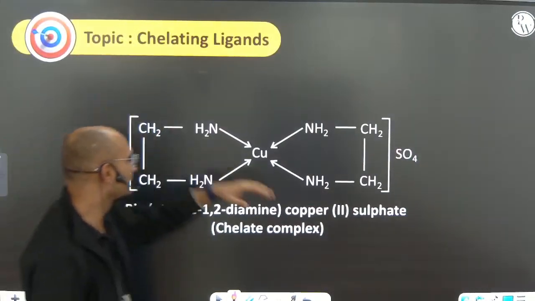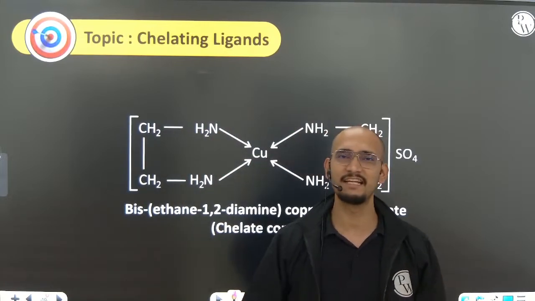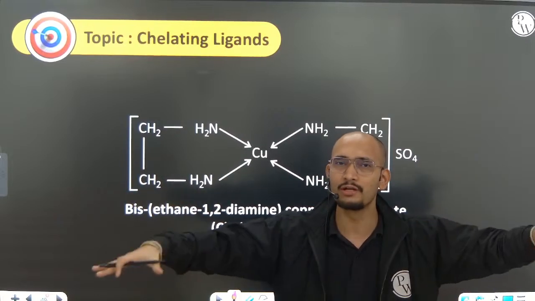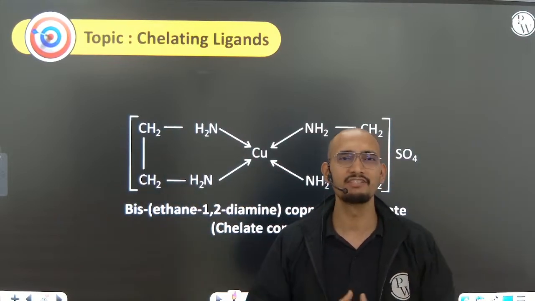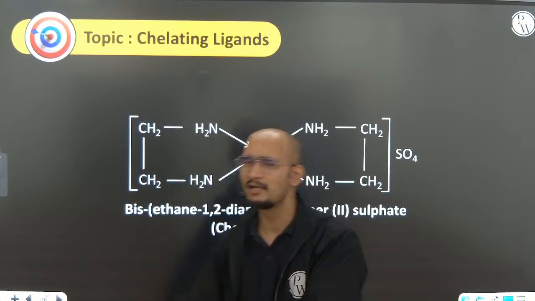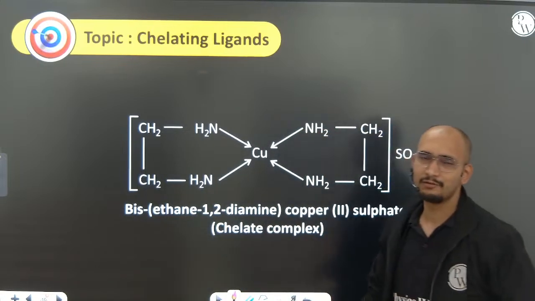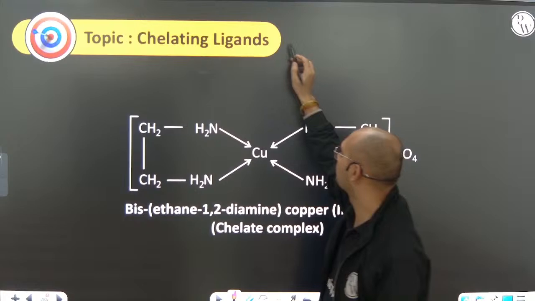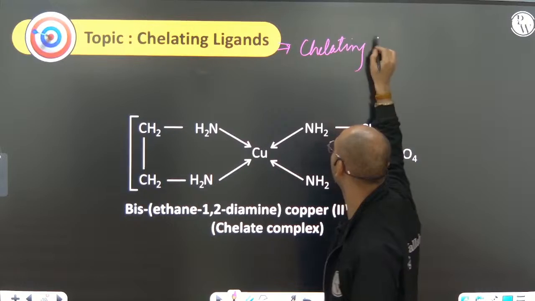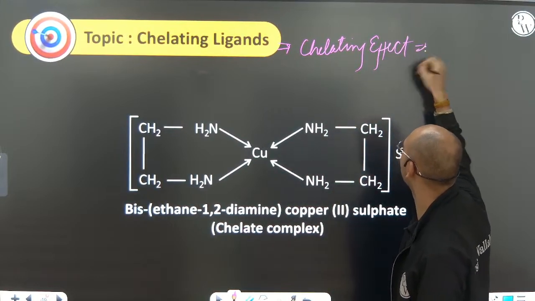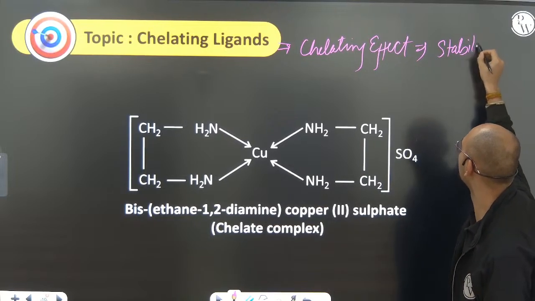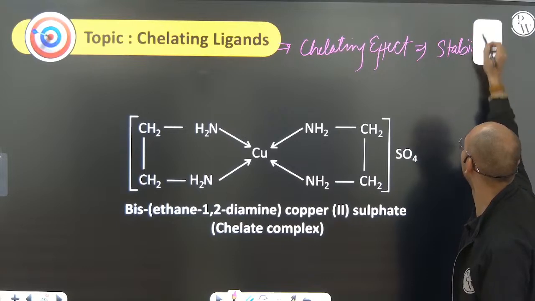Next, chelating ligand. What are chelating ligands? Those that can form chelate. Chelate is nothing but something that stabilizes the complex. In chemistry, all over inorganic, organic, wherever you go, if chelation increases, what happens? Potential energy decreases, stability increases. There are many effects related to that, but we do not have to go into it. Just always remember, once a chelating ligand is there, one effect is there, that is called chelating effect. And chelating effect gives what? Increased stability.